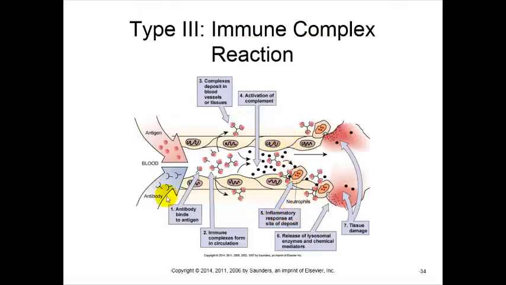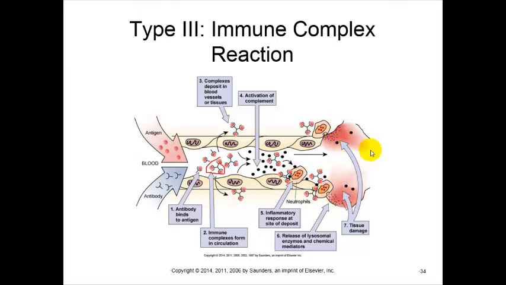Okay, and we can see here, we have our antigen, it gets into the blood, and then our antibody. We form these little complexes where they bind together. Okay, we activate that complement, those little C1 through C9. Okay, the antibody gets deposited in.